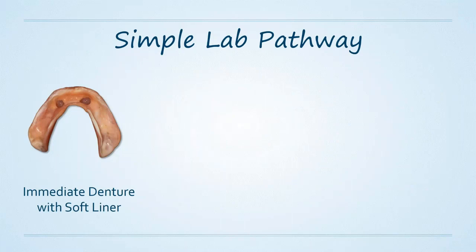So the simplest kind of laboratory pathway is what you see here on the left-hand side of the screen. Patient's been wearing this immediate denture with a soft liner in place.